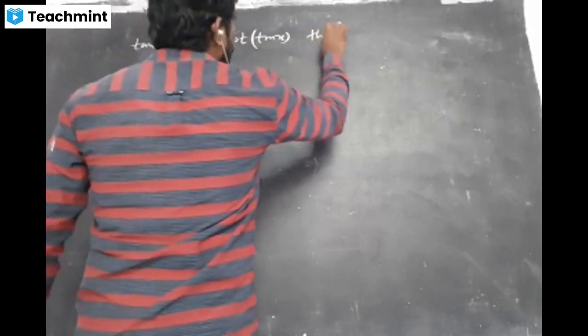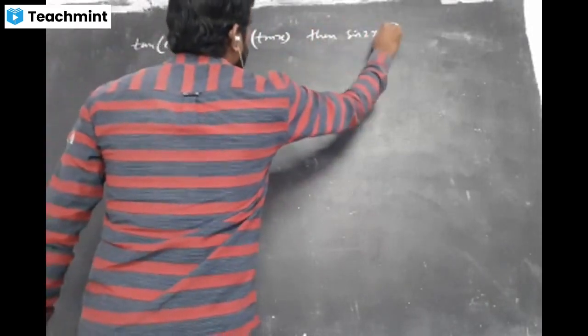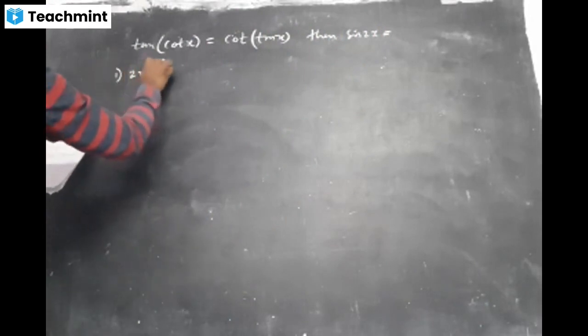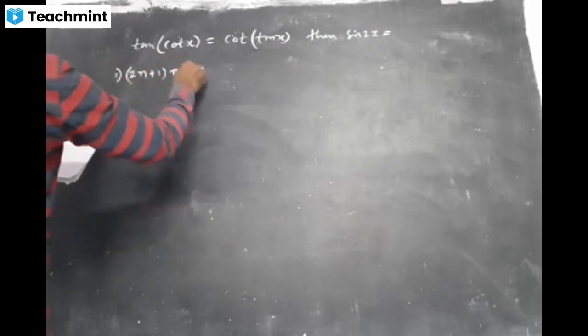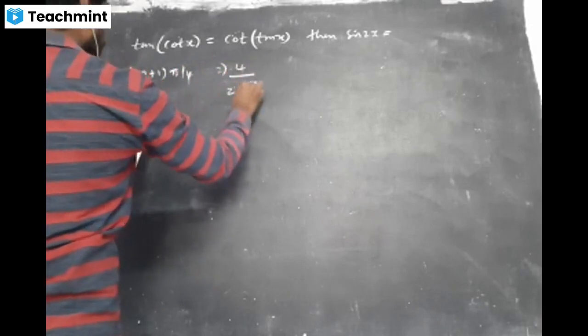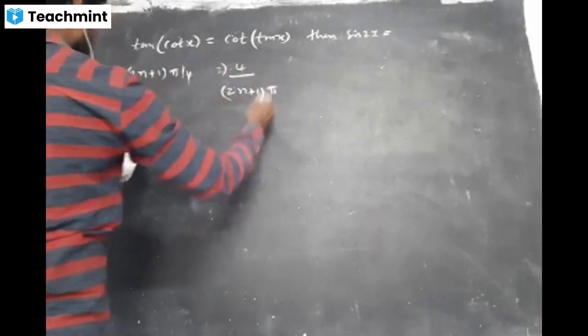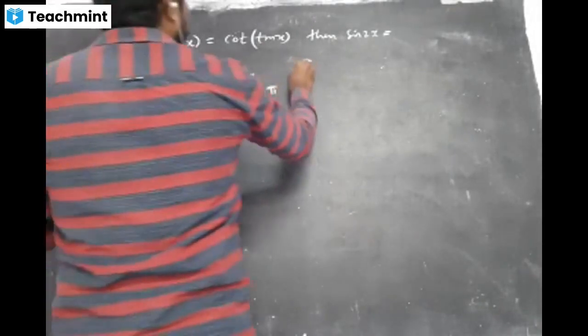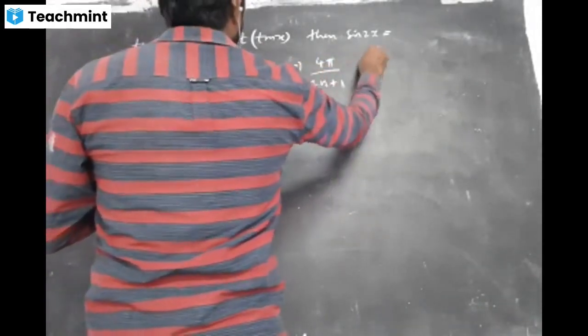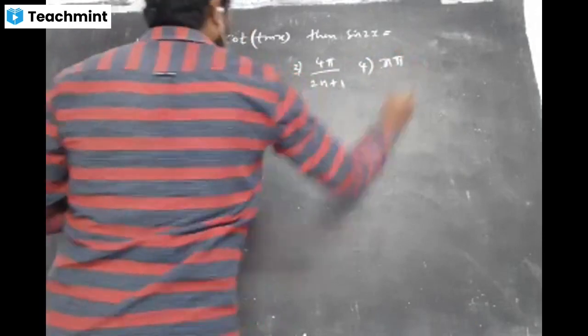Then sin 2x is equal to what? Our options are: first, (2n plus 1) into pi by 4; second, 4 by (2n plus 1) into pi; third, 4 pi by (2n plus 1); and fourth, n pi.